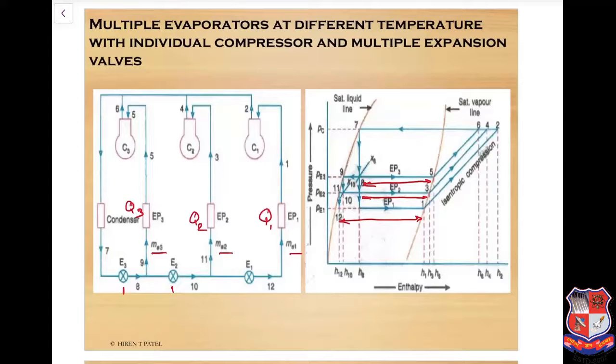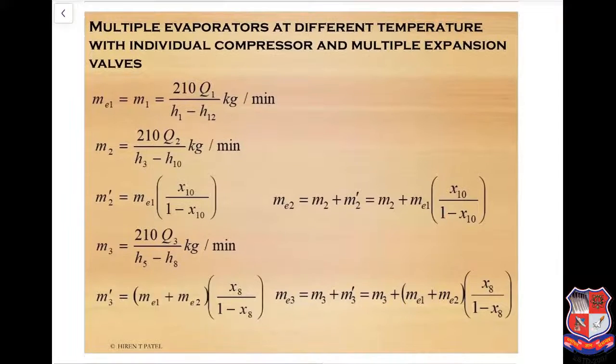So if we go for the analysis, then Me1 is the mass, or M1, that is the mass of the refrigerant that is circulated through evaporator 1, that is 210 Q1 divided by H1 minus H12.